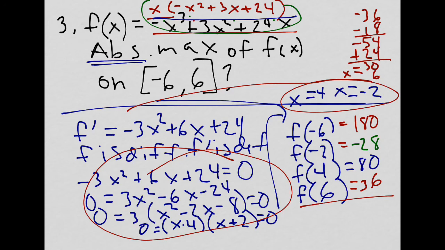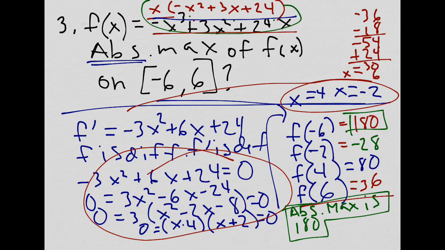I'm sorry, 180. Because it's the highest y value on the interval. This is what you're looking for as your answer. If you are looking at your multiple choice, this would be choice D.